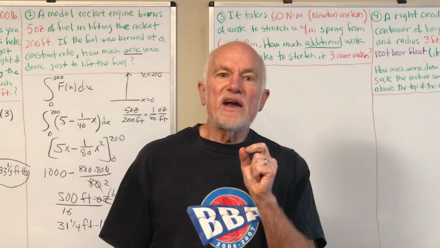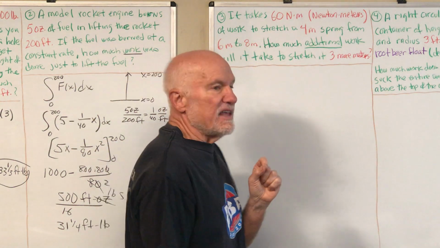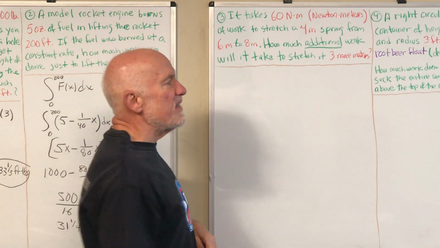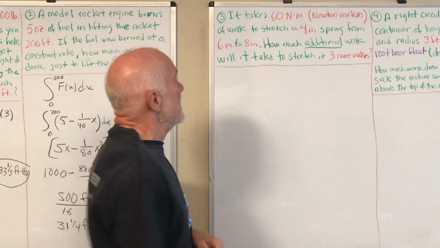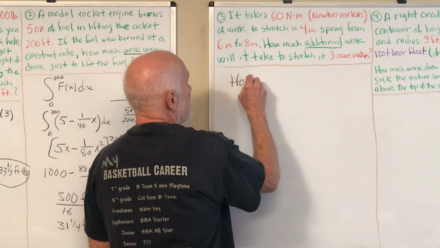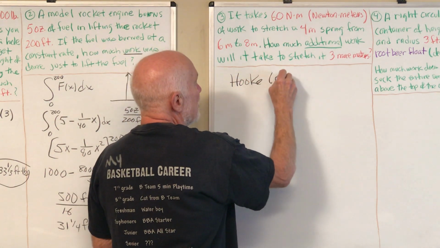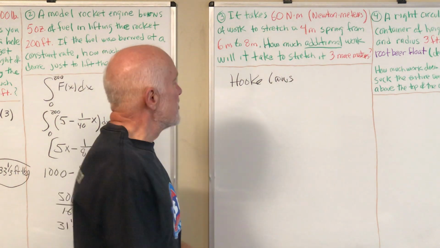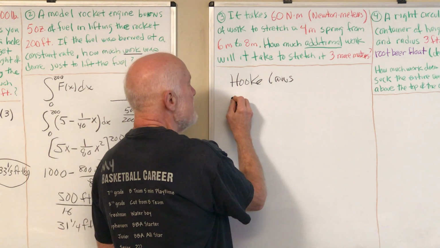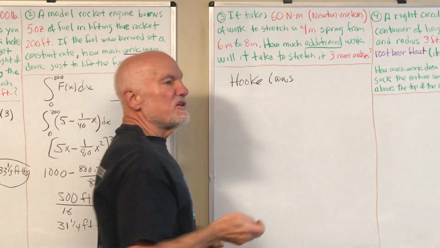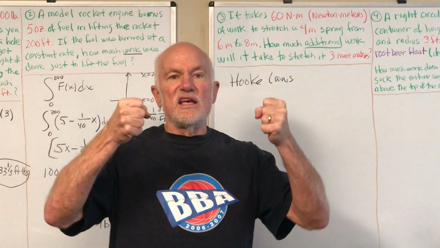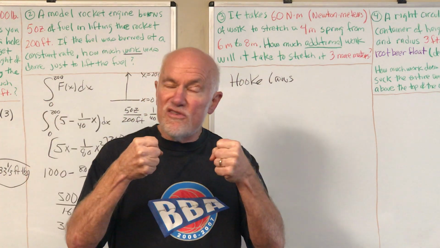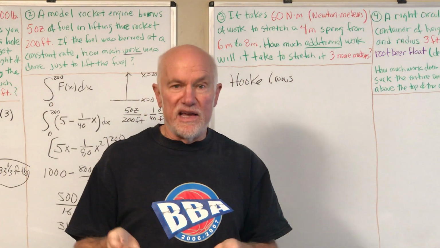Well, there's one thing about a spring. A physicist from England by the name of Hooke came up with a law that says for springs that the force is directly proportional to the distance that the spring is stretched or compressed, it doesn't matter, from its normal length.